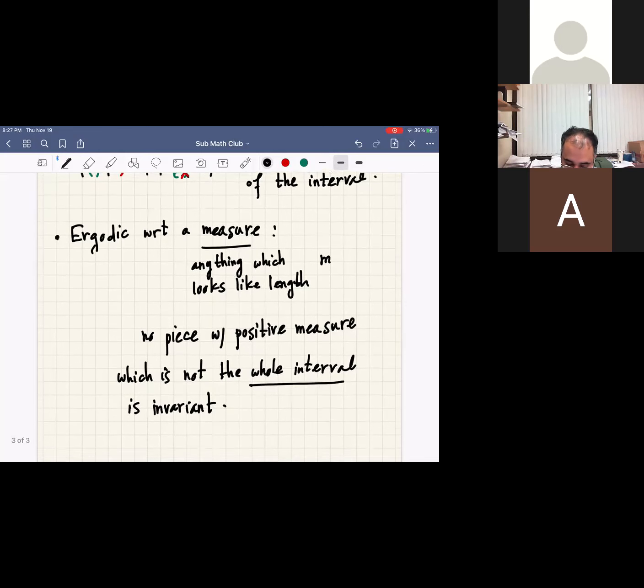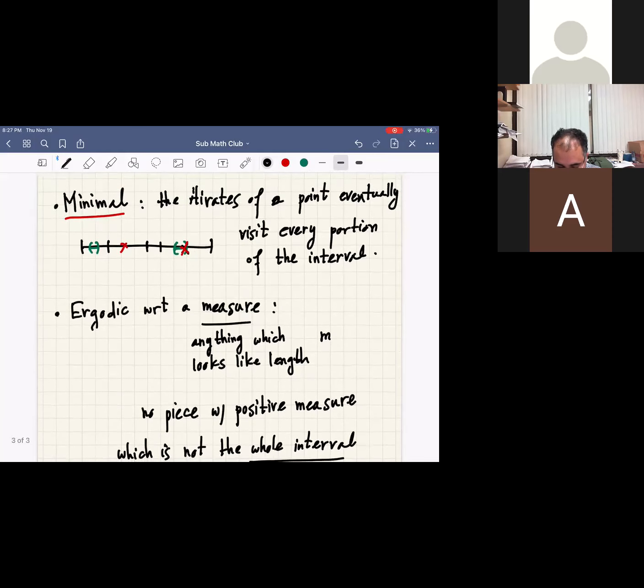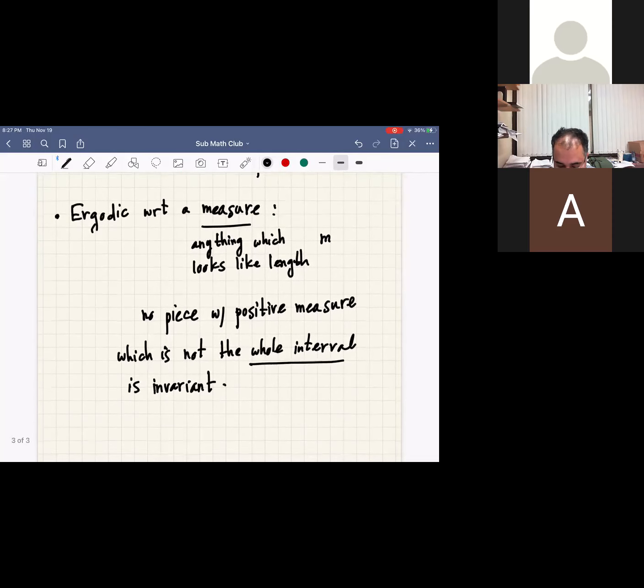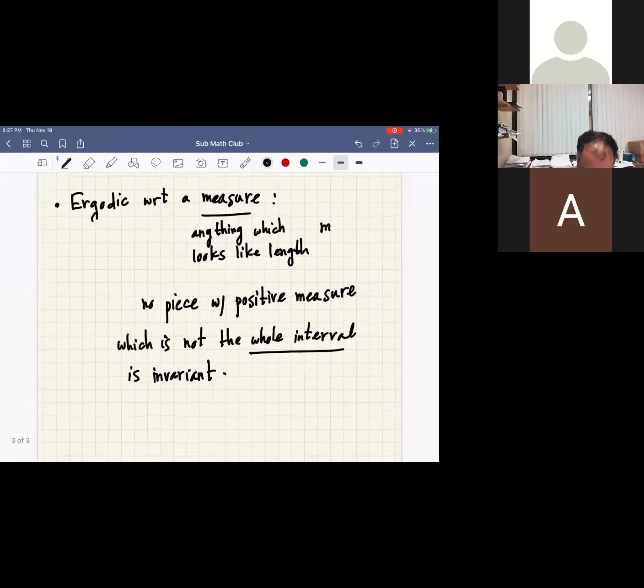So I hope I gave these two notions which somehow describe the complexity of the system, and also how it iterates. And here there is another thing which I want to say.